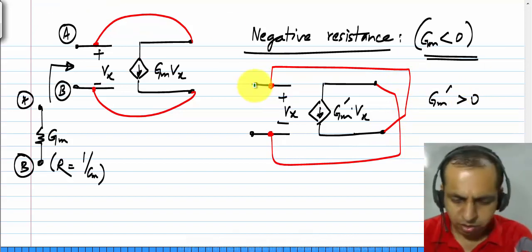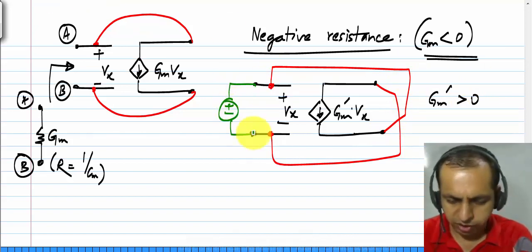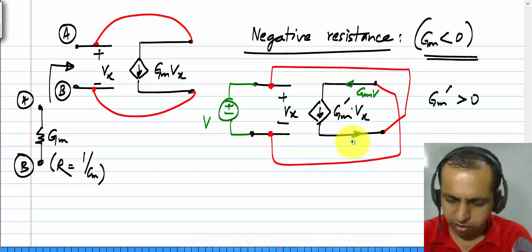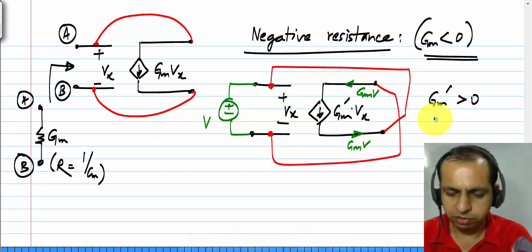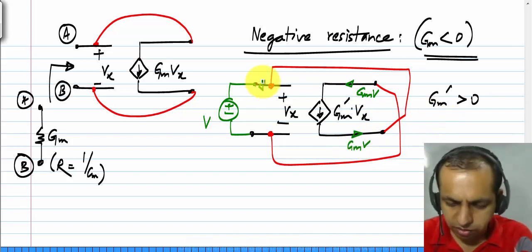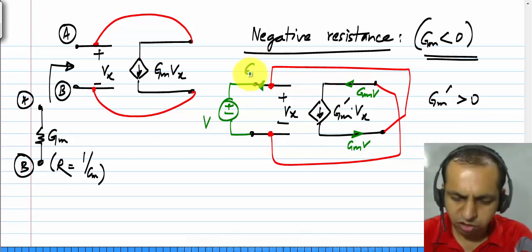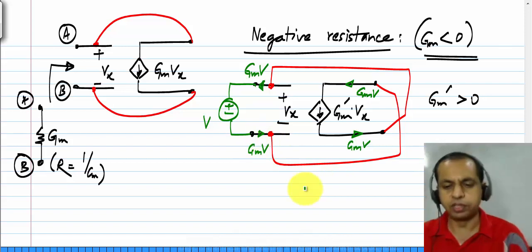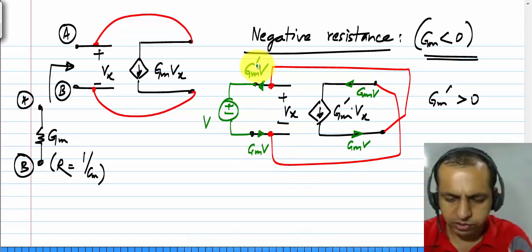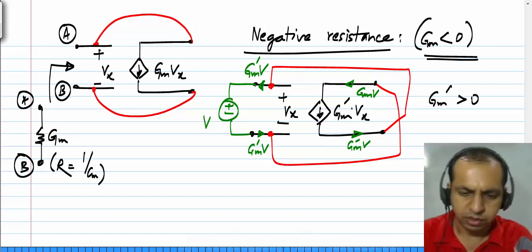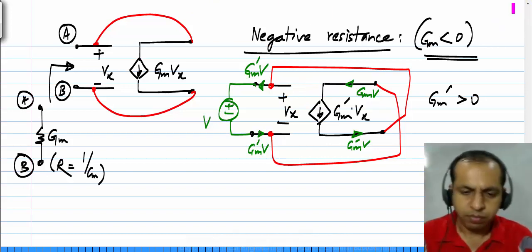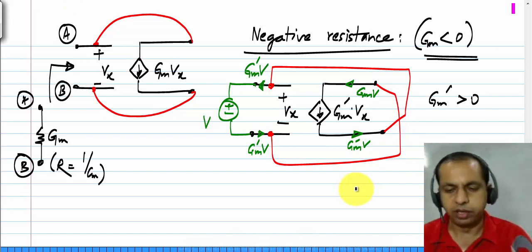Then if I connect a voltage source V, a current Gm times V will flow there, a current Gm times V will flow there. So we can see that the current direction is like this if you trace it around the circuit, where this Gm prime is a positive number. Okay. So that corresponds to a negative resistance.